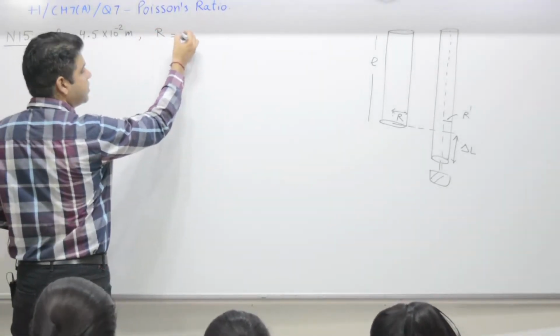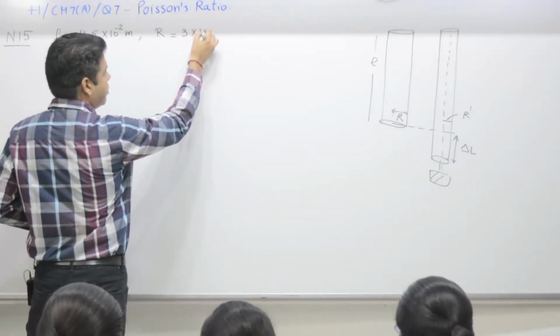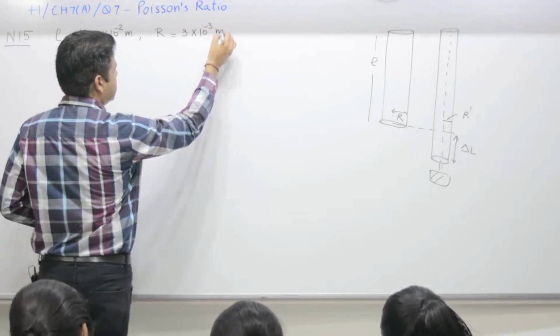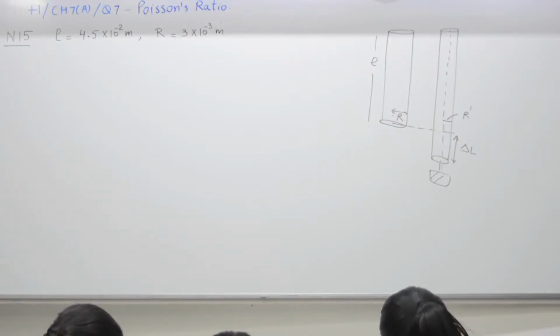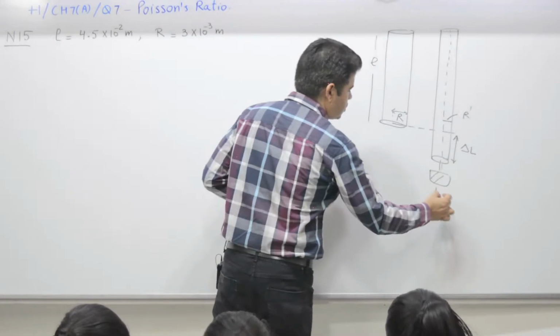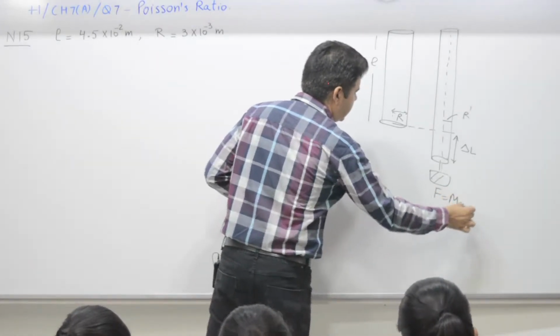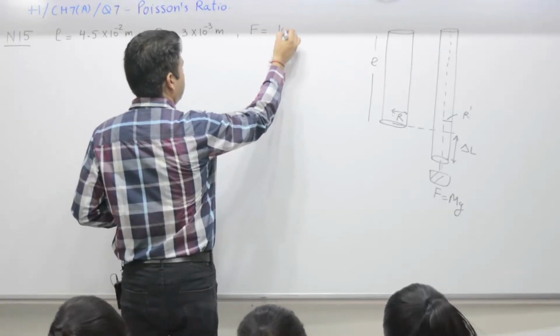Radius, dia is 6 mm, so radius is 3 mm, 3 into 10 raised to power minus 3 meter. Monkey weighing 100 Newton means what? Mg, weight attached, force applied is 100 Newton.